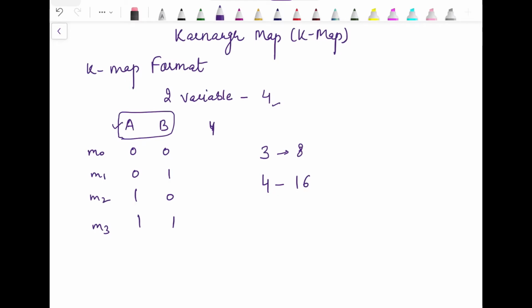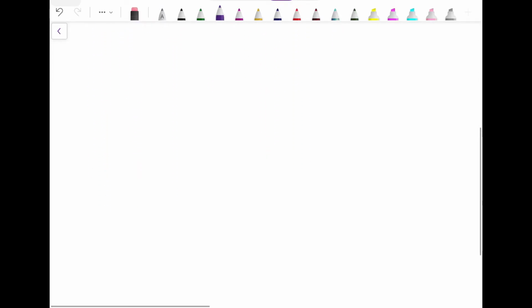So the number of combinations is the number of cells in the K-map. If we have a 2 variable problem, then the K-map looks like this. It will have 4 cells. Each cell is there for each minterm if the expression is written in the form of SOP.